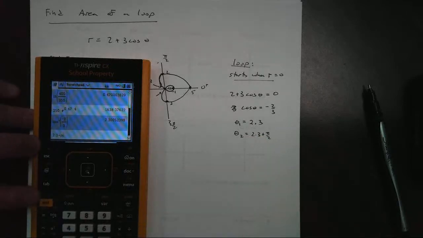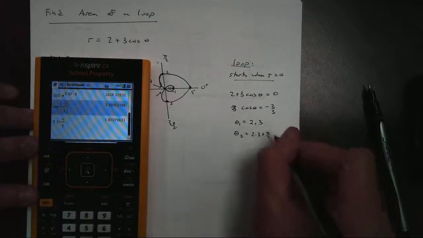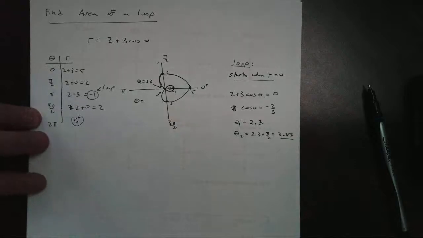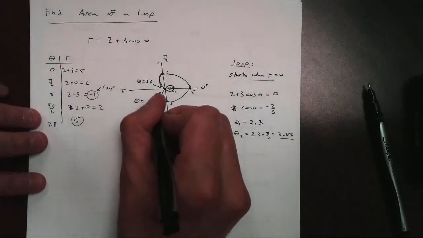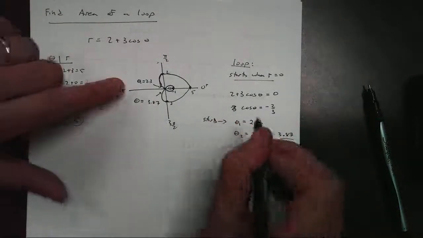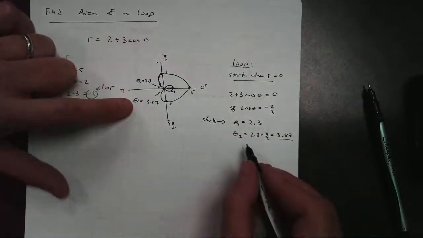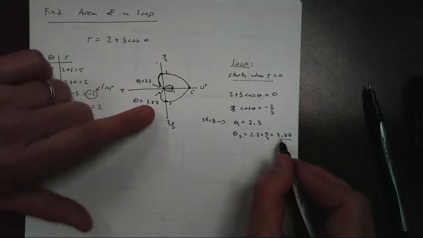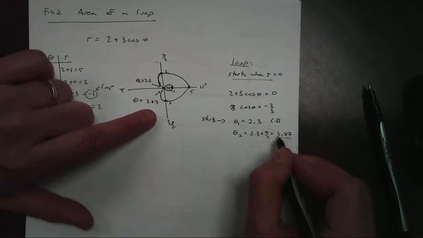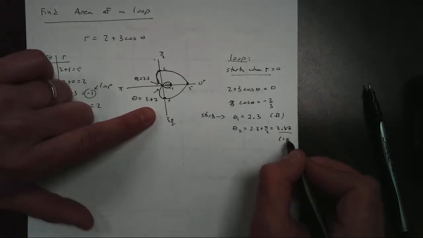I hit enter, and I get 3.87. That's where it ends, at theta equals 3.87. So it starts in the second quadrant and ends in the third quadrant.